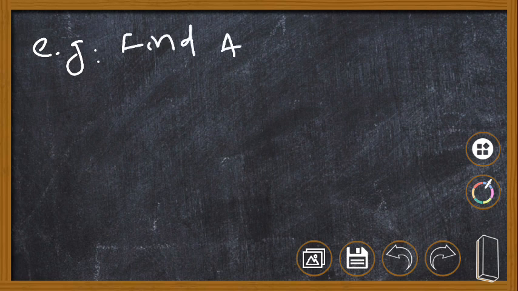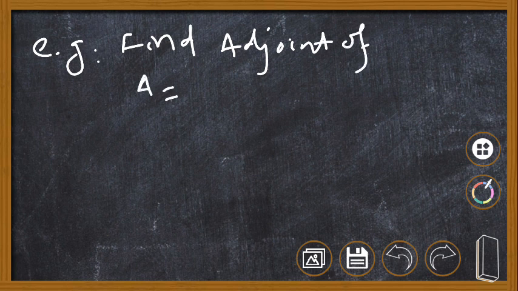Please see. Suppose I want to find the adjoint of a 2 cross 2 matrix. This is 1, 2, 3 and 4.